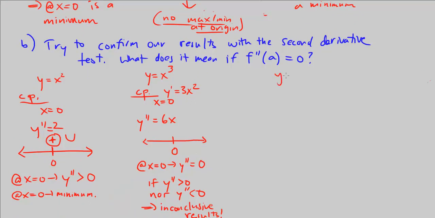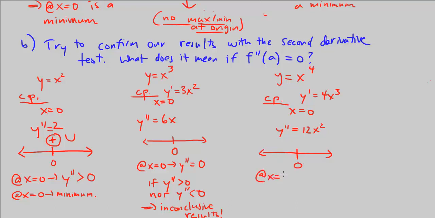So let's go ahead and look at y equals x to the 4th. Remember, our critical points from part A were x equals 0. For all of these, our critical points happen to be x equals 0. This one, y prime, was 4x cubed. Y double prime is equal to 12x squared. So let's go ahead and plug in all of our zeros on the number line. At x equals 0, y double prime is what?